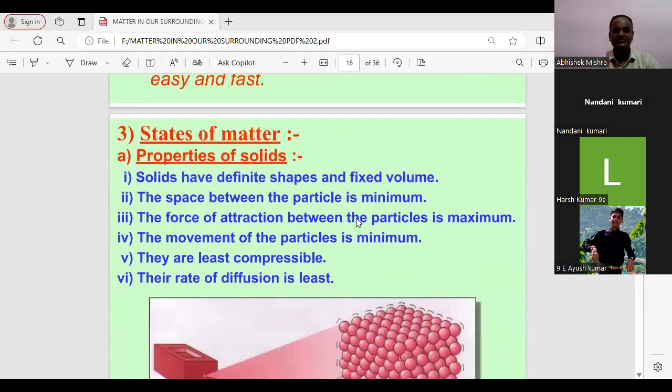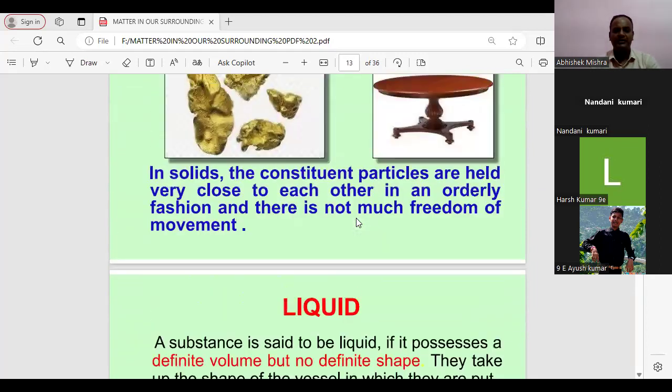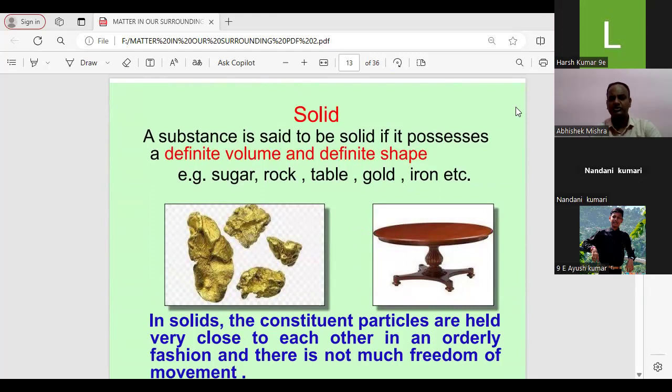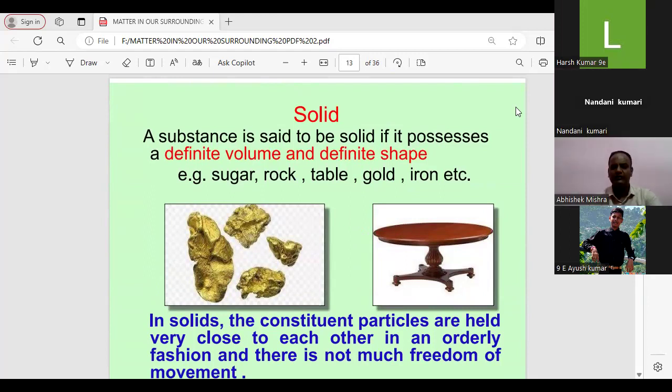So from this, students, from this very definition and the features, can you tell me some features of solid? Properties of solid, one by one. One by one, Harsh, you are allowed to say only one property. Solids have fixed shape, size, and volume.